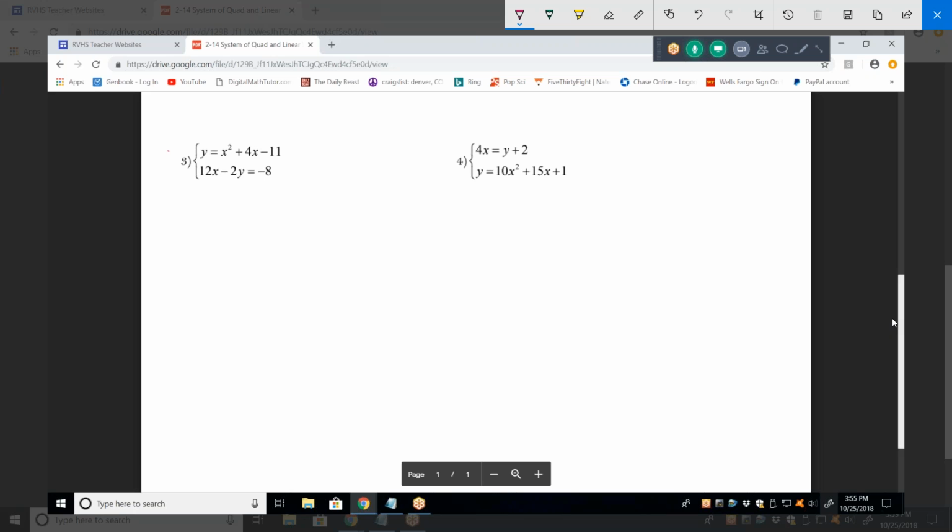Okay? Well, this one, y is fully defined. So let's substitute what it says y is equal to into the second equation. So tell me what I'm going to write.